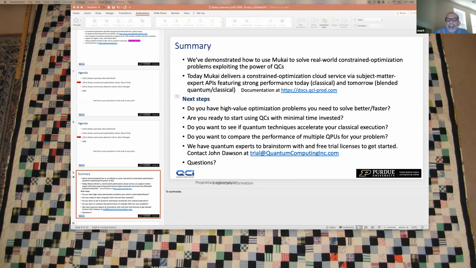We've also solved problems in the finance world. They typically deal with continuous variable problems, so we have to do some binary encoding in order to get a floating point answer with our binary variables that are underlying it.